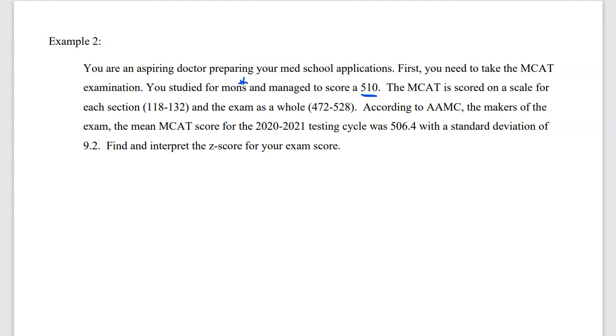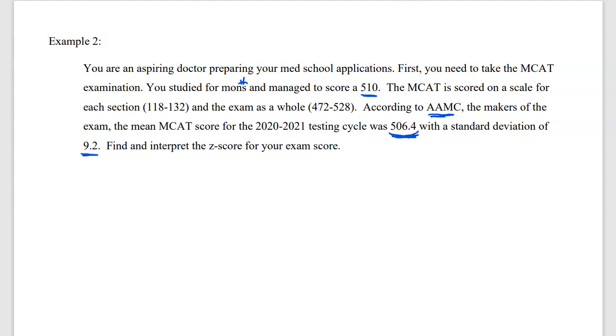The MCAT is scored on a scale for each section, 118 to 132, and the exam as a whole, 472 to 528. According to this association, which is the makers of the exam, the mean for the MCAT score for the 2020-2021 testing cycle was 506.4 with a standard deviation of 9.2.